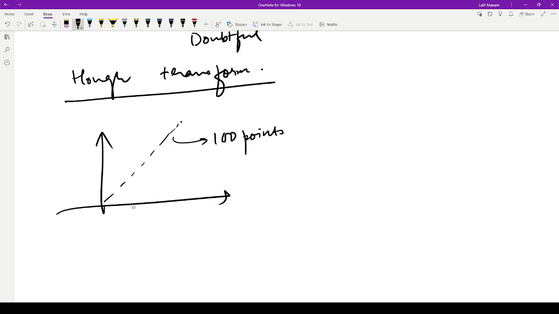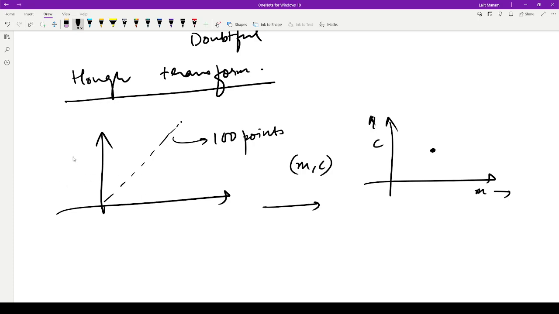But if you just parameterize it by m and c, the slope and intercept, then every line is transformed to a point here on the image.